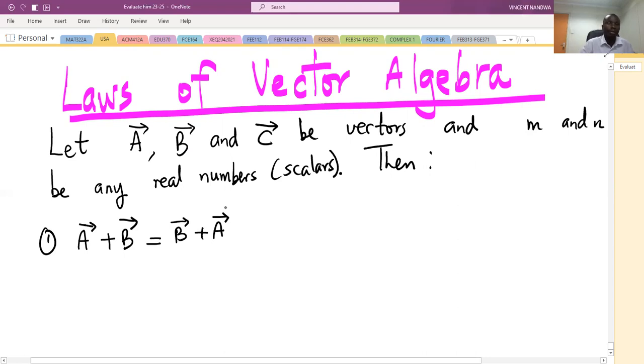So when you say A plus B is the same as B plus A, this is called the commutative law for addition. To commute simply means to change the order. So changing the order, you get the same result.